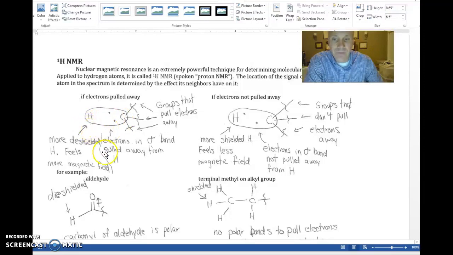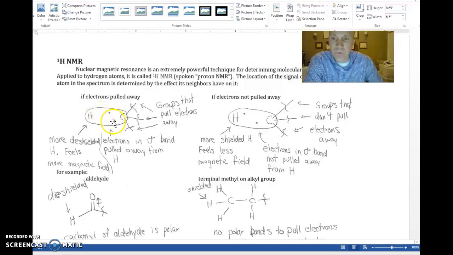It's shielded from the magnetic field that it's in. And recall from NMR, for this to work, you have to put these molecules in a very, very strong magnetic field. So the more these electrons are around the hydrogen, the more it's shielded from that magnetic field, and the more they're pulled away from that hydrogen, the more de-shielded it is.